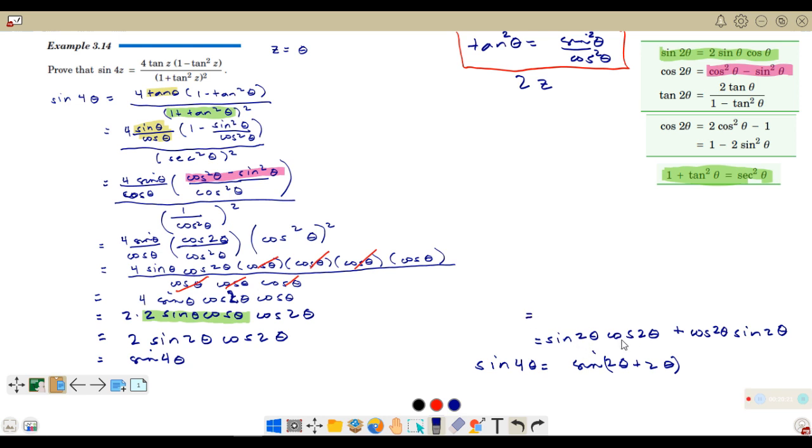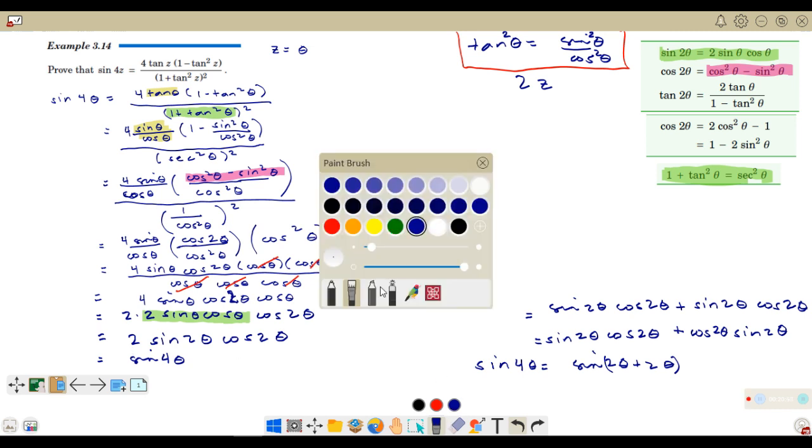Kasi, magkakaroon ka ng sin 2 theta cosine 2 theta, plus, pwede mo tong pagbaligtarin, una si sin 2 theta, since multiplication is commutative. So, this is sin 2 theta, cosine 2 theta. Now, medyo looking familiar na, no?